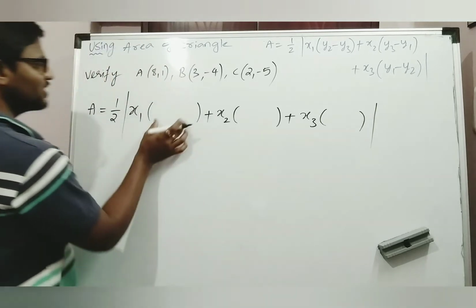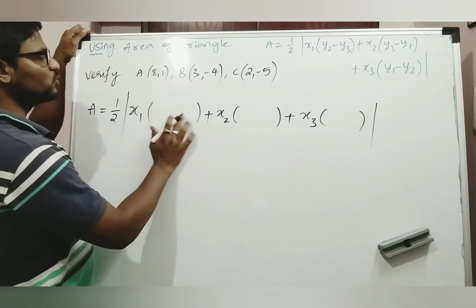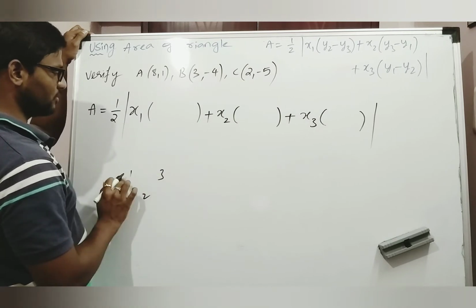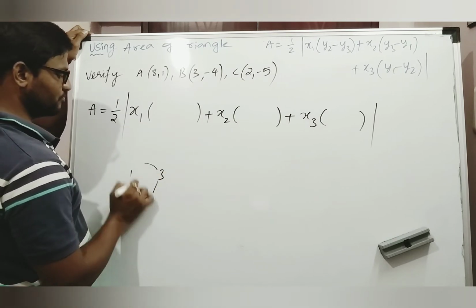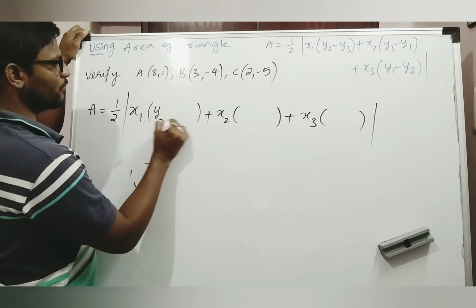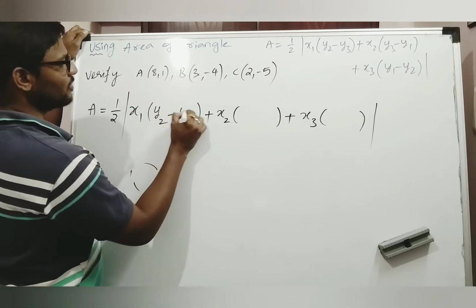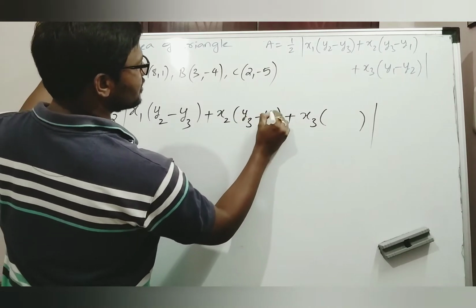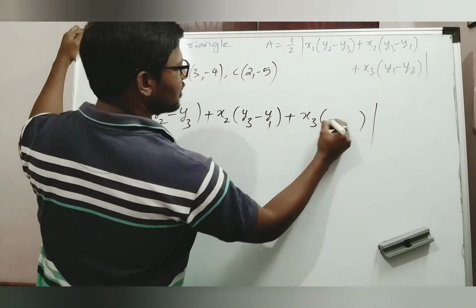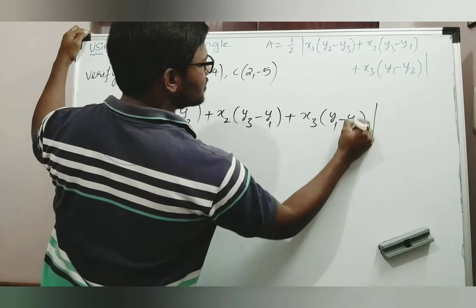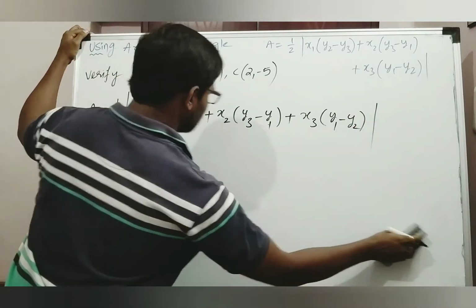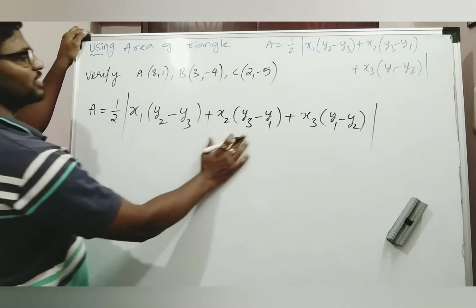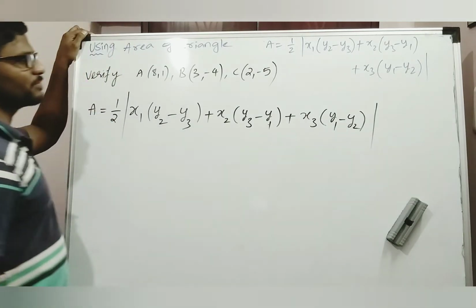Next, inside the brackets, y2 minus y3, then follow the cycle 1, 2, 3: 2 after 3, y3 minus y1, and 3 after 1, y1 minus y2. So x1, x2, x3 outside, and inside y2 minus y3, y3 minus y1, y1 minus y2.